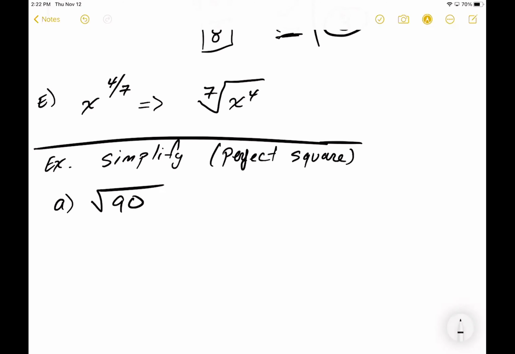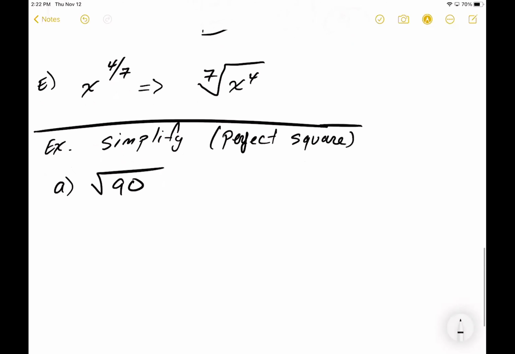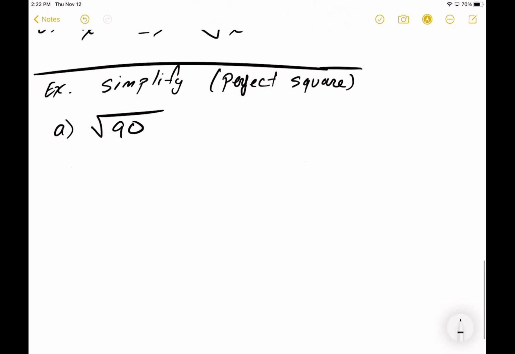But if you don't, one way to do it is to break this number down to primes. As long as it's an even number, we can break it down by 2. 2 times 45 will give me 90. I no longer look at the 90. I rewrite the 90 as 2 times 45.